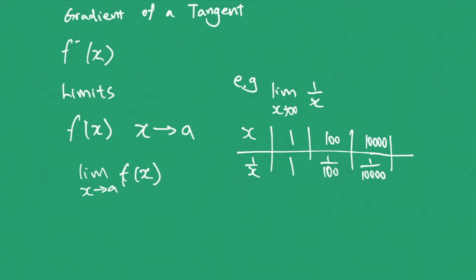Therefore, it would approach 0. Also, because the denominator of the function cannot be 0, the limit of this function would be 0.